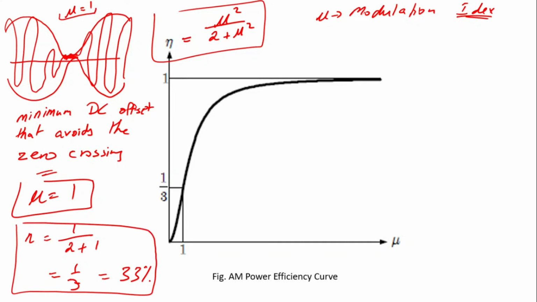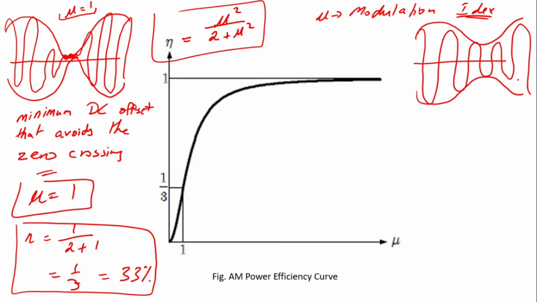And in fact, in most systems the modulation is less than 1, which is more realistic, that is, we are having something like this. So this may be equivalent to mu equal to 0.5. In that case, the efficiency would be even lower. So at best, when mu is equal to 1, we have 1 by 3 power efficiency.